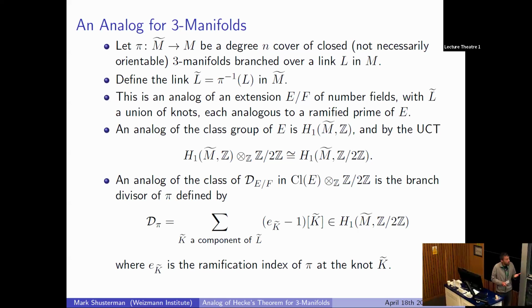In the tamely ramified case, we saw that the multiplicity is always the ramification index minus 1. That's what I'm using as my definition for the different, or for its image in the class group mod 2, or precisely in the first homology group with coefficients in Z mod 2Z.